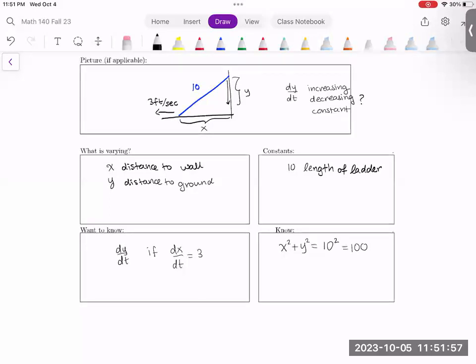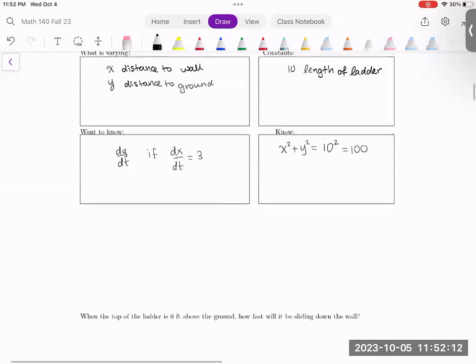So what we're going to do is take this equation that relates the variables and differentiate it with respect to t, because x depends on t, and so does y. So we have x squared plus y squared equals 100, and we differentiate with respect to t.